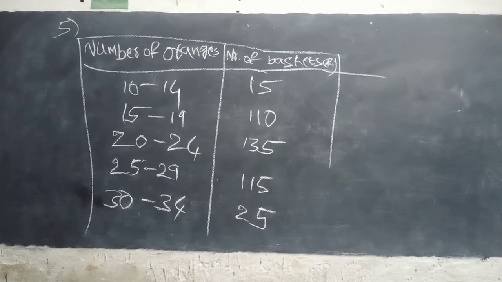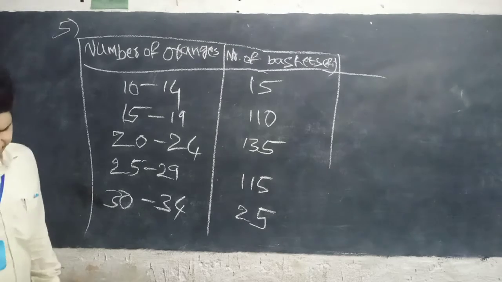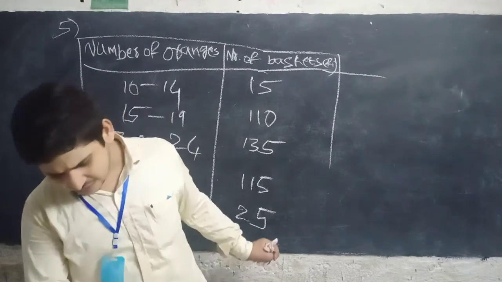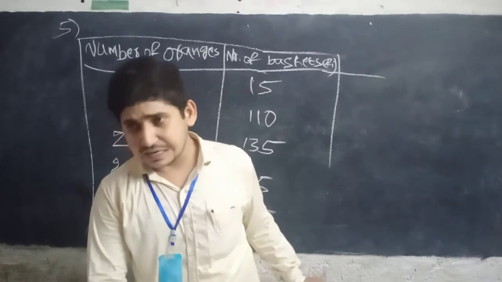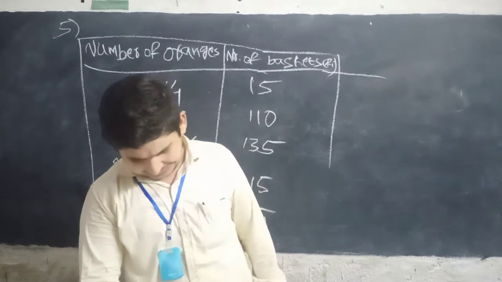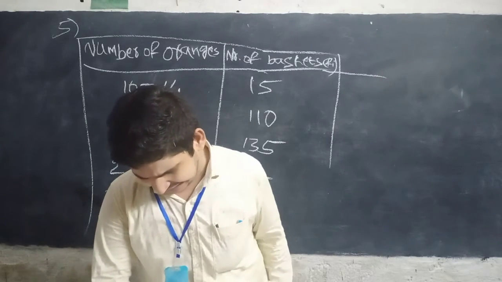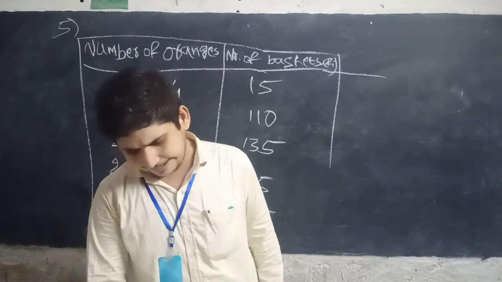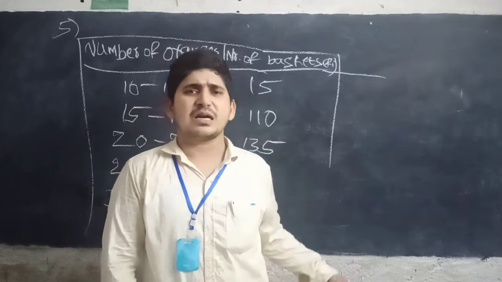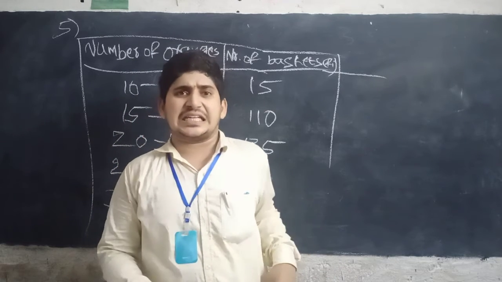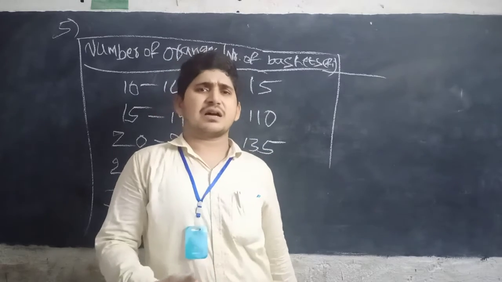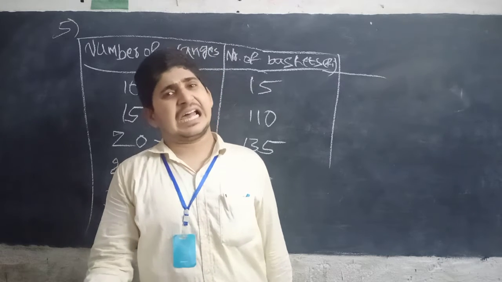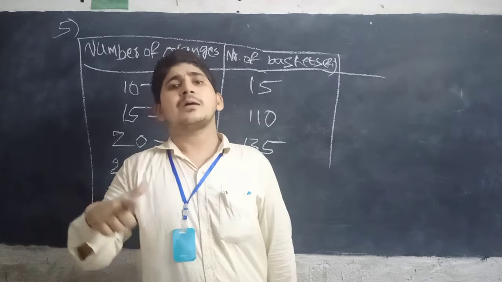Now, we are moving to the fifth problem. Okay? What is the fifth problem? In a retail market, fruit vendors were selling oranges kept in packing baskets. These baskets contained varying number of oranges. In all baskets, equal number of oranges are not there. In each basket, different number of oranges are located.